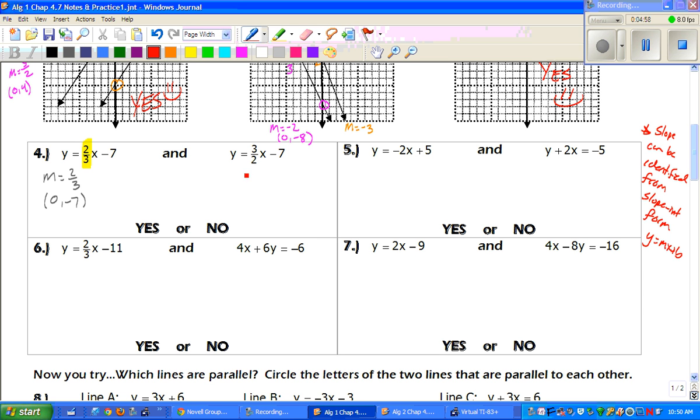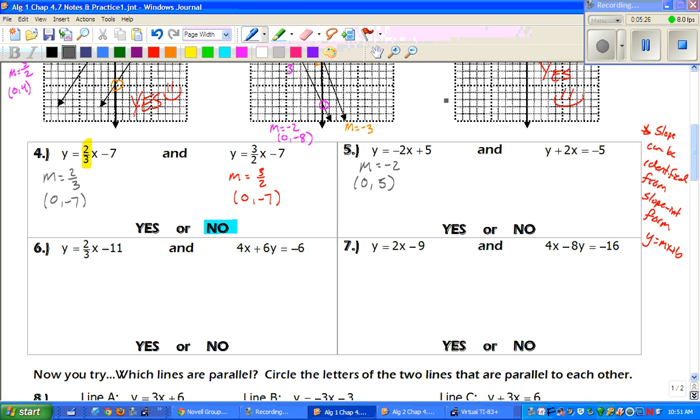On the other side, our slope is 3 over 2, and our y-intercept is (0, -7). So, do they have the same slope? No, they do not. All right, let's take a look at the next one. Well, our slope is -2, and our intercept is (0, 5).